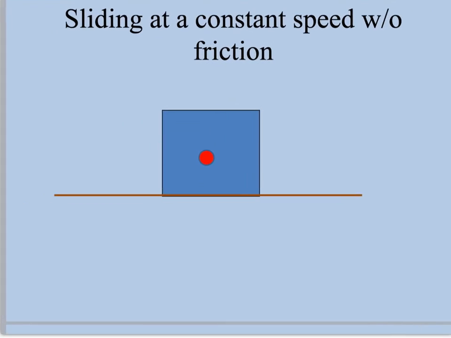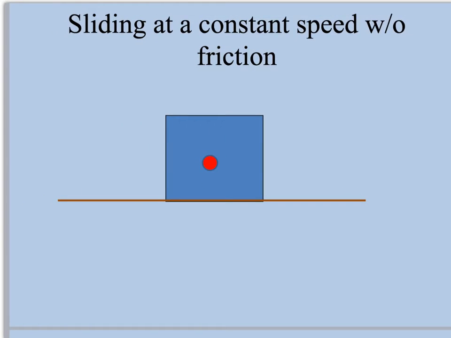Now I said earlier that in this course we deal with perfect world scenarios. So this is a situation where we have to say, okay, even though I know in the real world that there's always friction between a surface and an object, in this case it's telling me that I don't have friction, which means that I'm not going to draw a friction force.